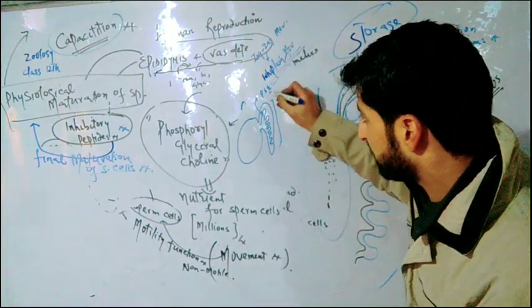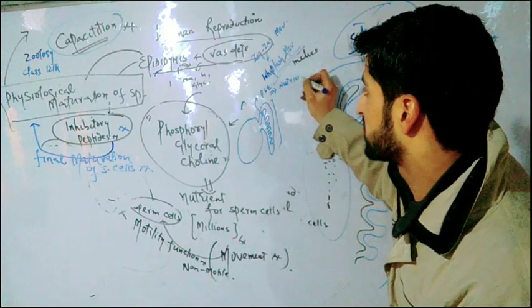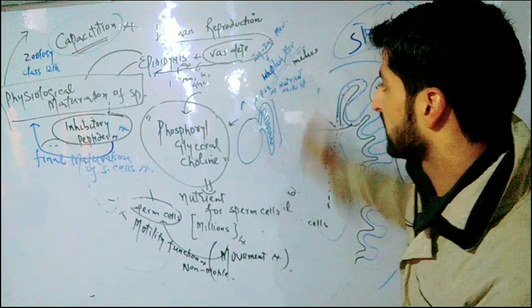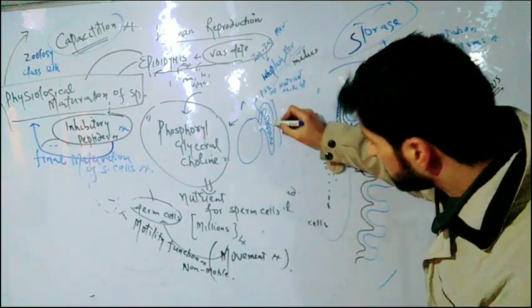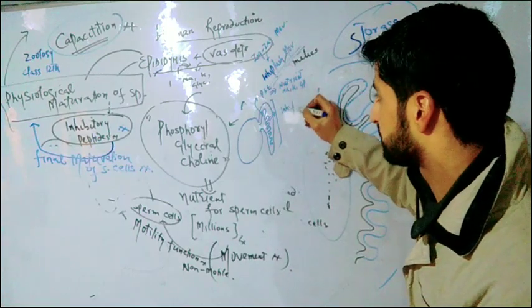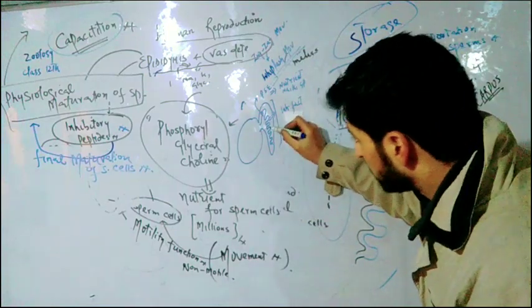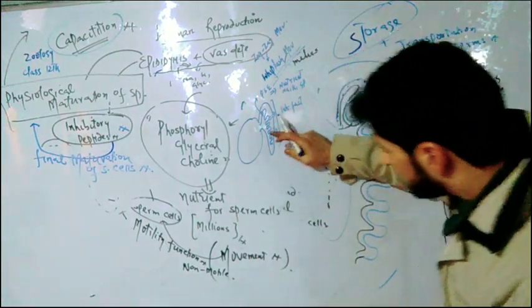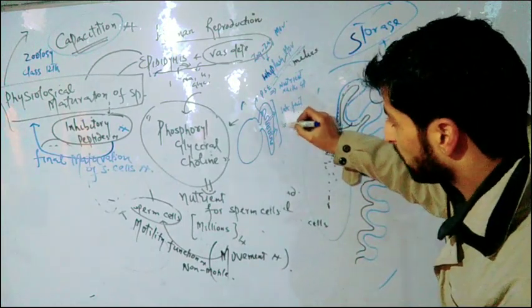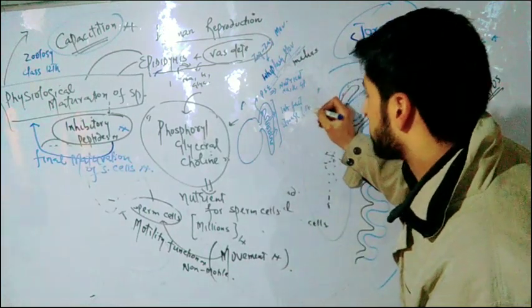This pseudostratified epithelium produces nutrient fluids rich in sodium, rich in potassium, rich in glycoproteins. Simultaneously, this epididymis produces inhibitory factors that prevent the complete maturation of sperm cells. The third point is that the main role of this epididymis is storage of sperm cells for 15 to 20 days.